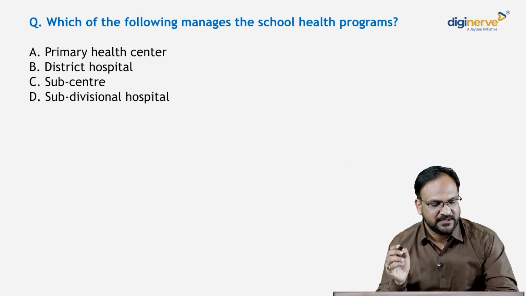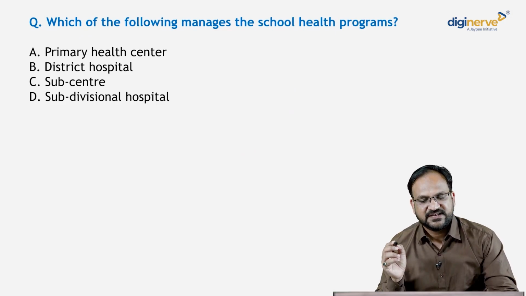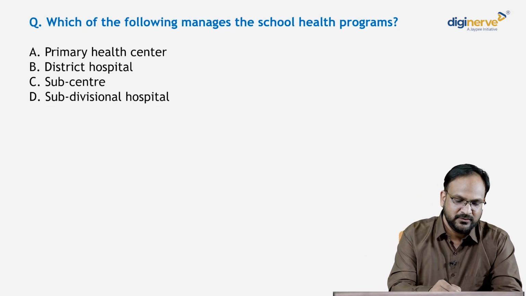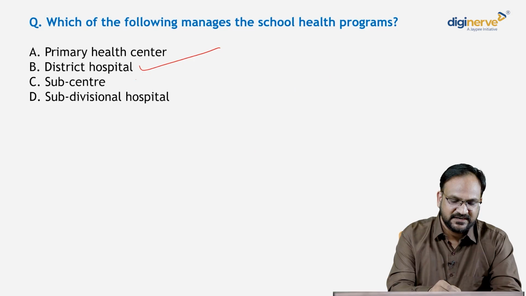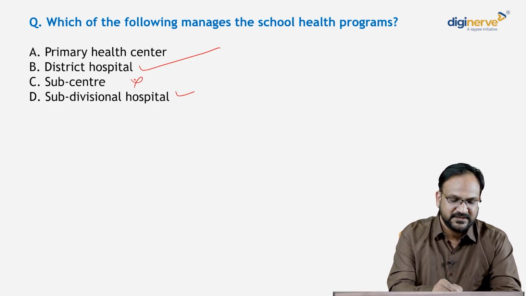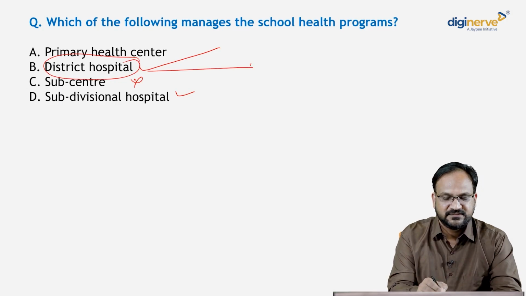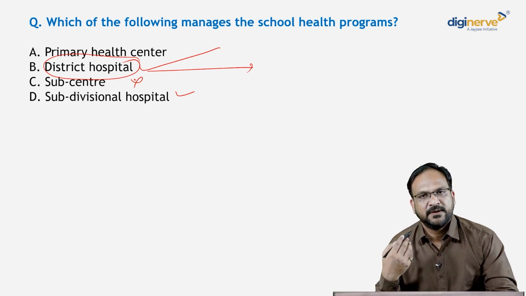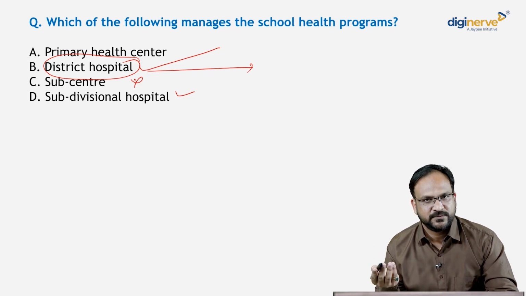The next one is, which of the following manages the school health program? So primary health centers are directly managing the school health program everywhere, because in the district hospital and sub-center, there is no doctor at the sub-center to manage the things, and the sub-divisional hospital is a big thing. In a district there might be 50 to 100 hospitals, or in the whole district maybe 500 or 600 schools.